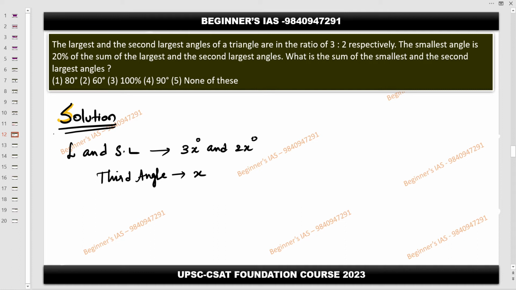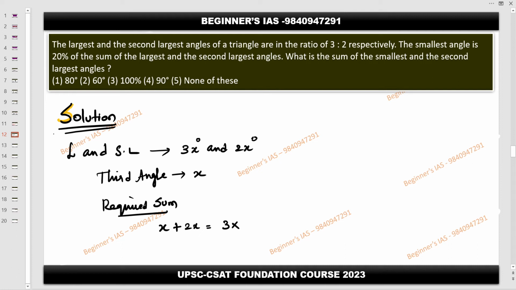Let us take that as x. Now what is the question? You need to identify the required sum. What is the sum of the smallest and the second largest? Smallest is x, second largest is 2x, which is equal to 3x.